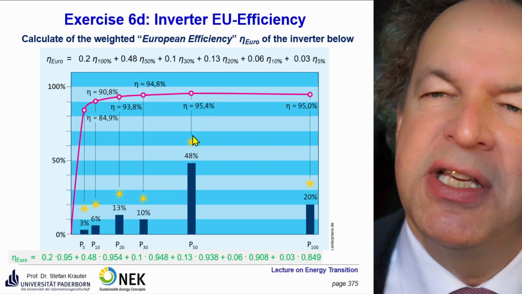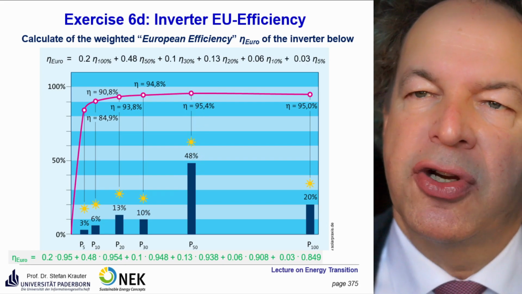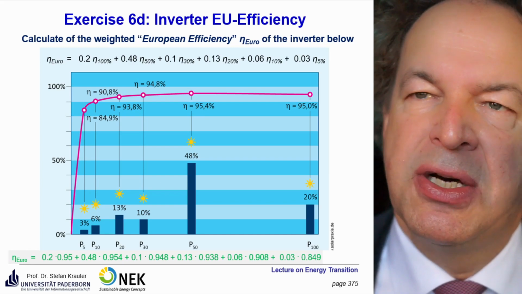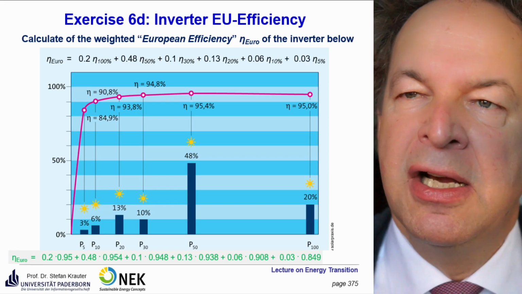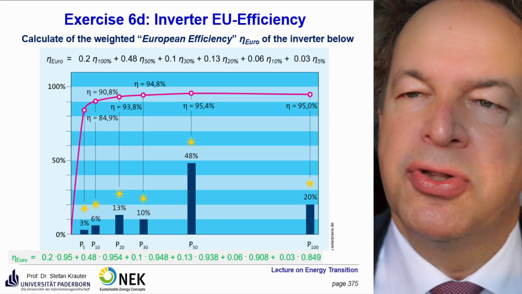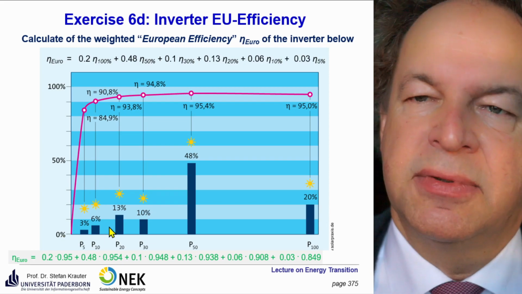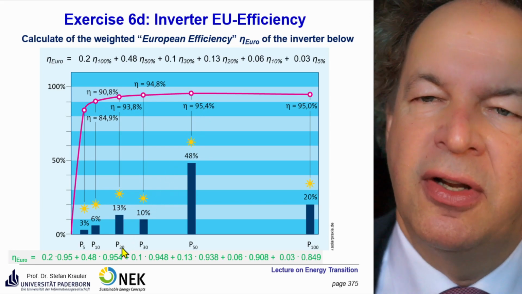It's even increasing a bit. Here the inverter manufacturers are improving that, so they just have those European efficiencies in mind in order to get good results. Formerly, the maximum of efficiency was always at the full load condition, and then it sank steadily. And here we have the maximum efficiency at half of the load.